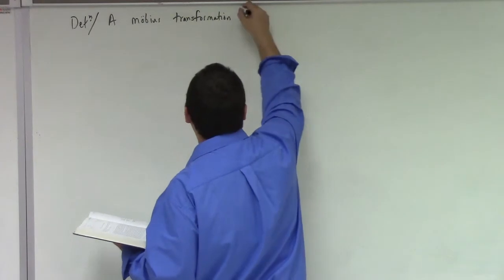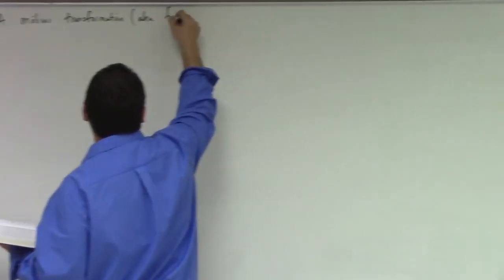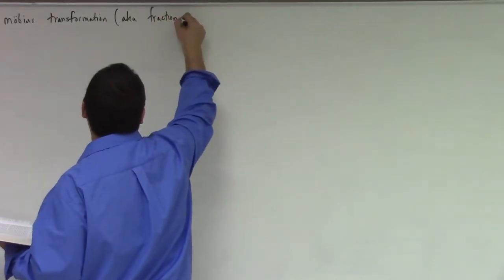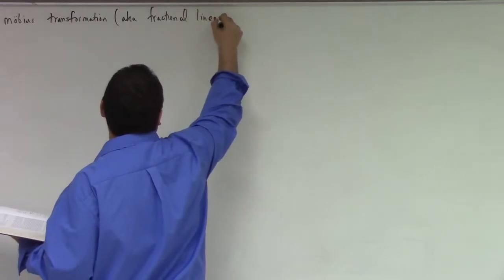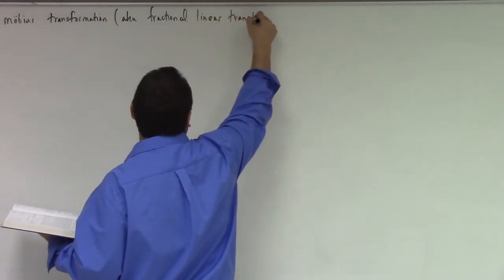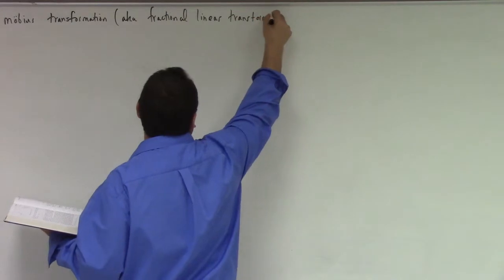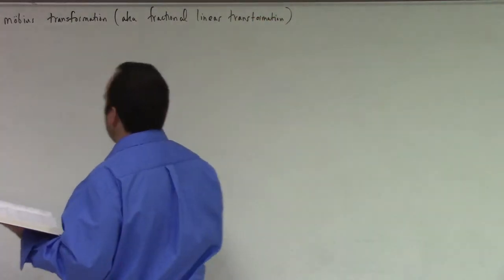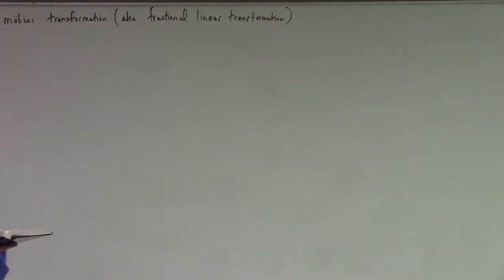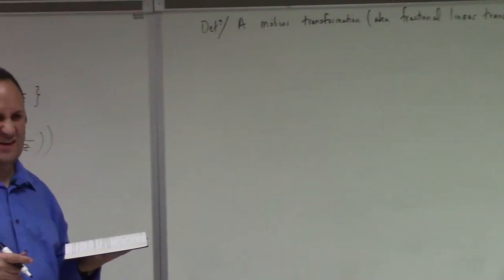Sometimes known as a fractional linear transformation. I kind of like that one more; I will often call them that. Some of the older books call them bilinear transformations, which I dislike immensely.